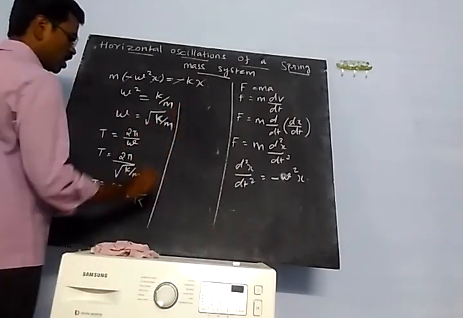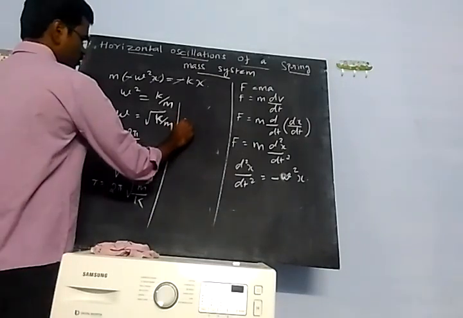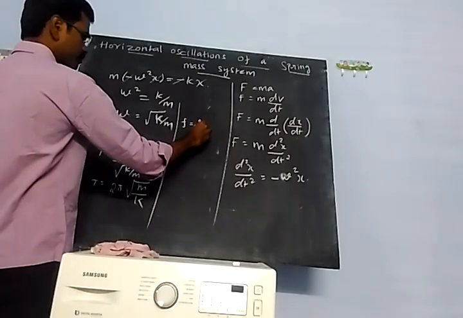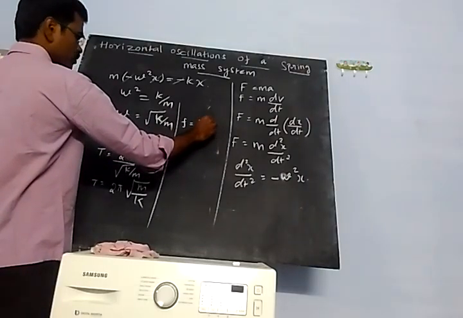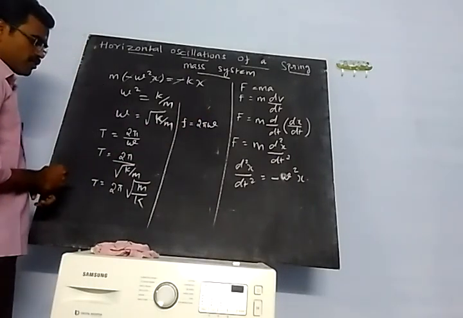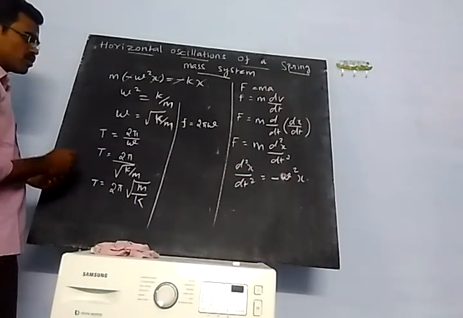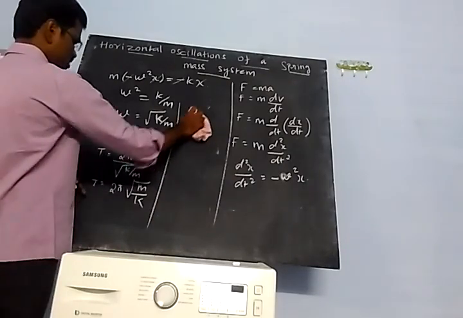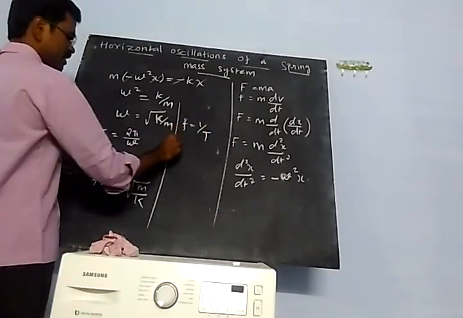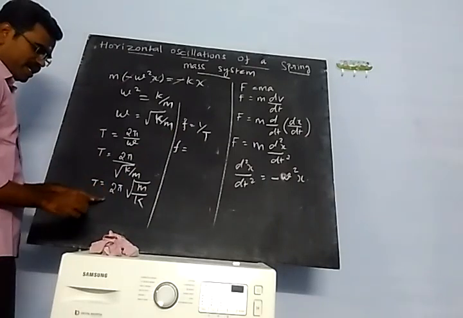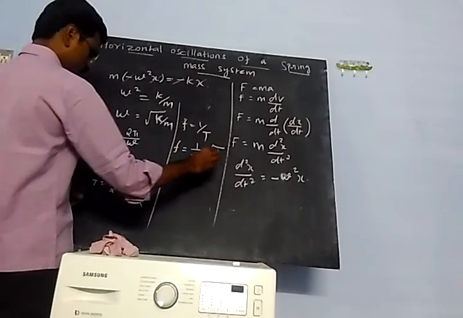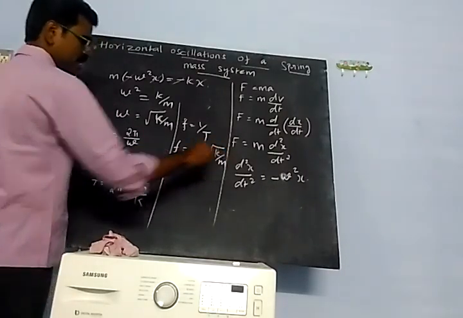Next, you can calculate the frequency. Frequency is equal to 1 by T. That is 1 by 2 pi square root of k divided by m.